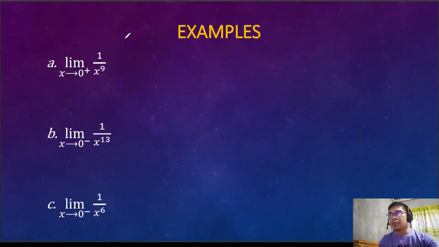So we have some examples. Letter A, limit of 1 over x to the power of 9 as x approaches 0 from the right. So take note, our r here is what? Katong tan-awon ang atong r is 9. And then we have 0 from the right side.